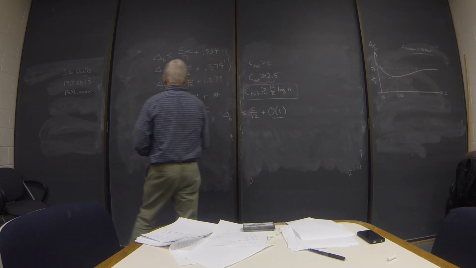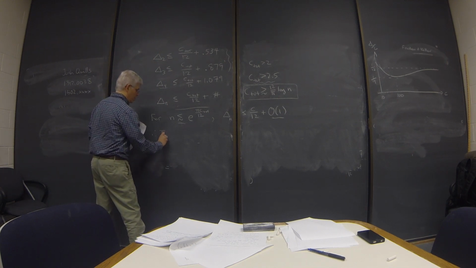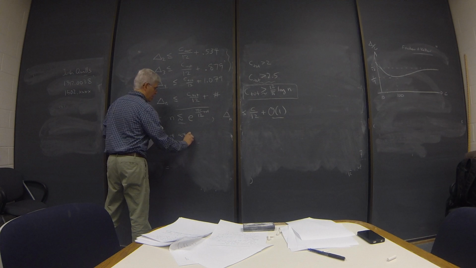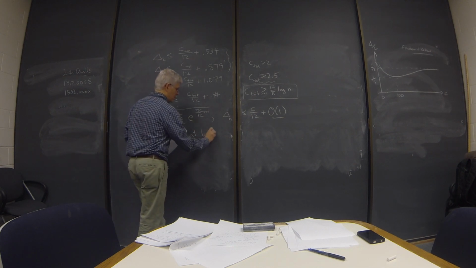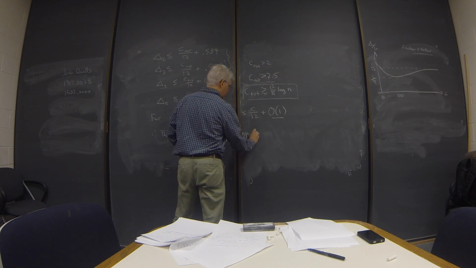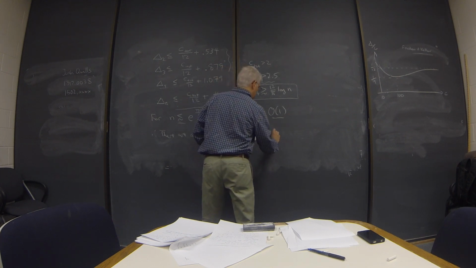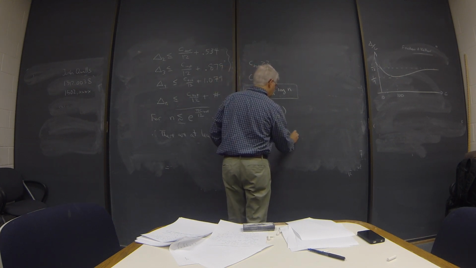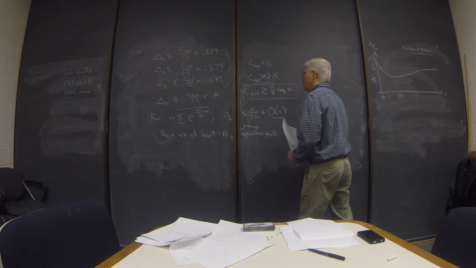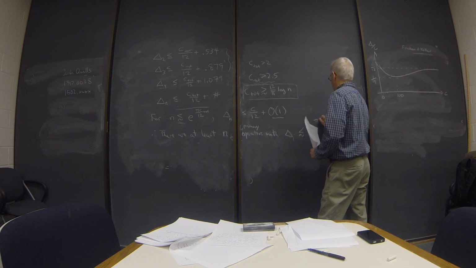Okay, so what that means is there are at least n operators, and these are primary operators, with delta less than or approximately equal to e to the pi c.